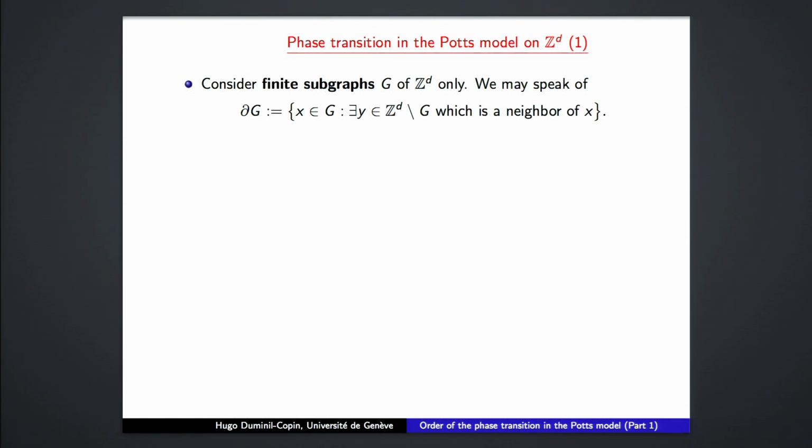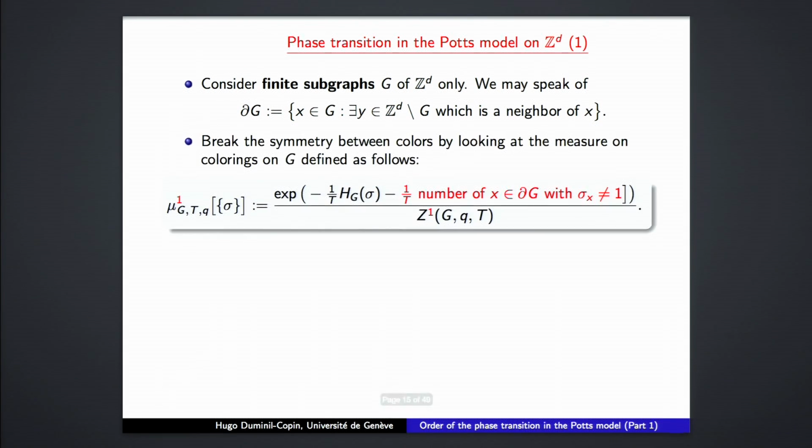So let's take a graph, take a subgraph of Z^d. And I want to break the symmetry because it's not going to be very convenient for us. So I want to break the symmetry between all the colors. So what I'm going to do is I'm going to favor color 1. And I do that as follows. This is the boundary of my graph. It's just the vertices in my graph that are neighbors of a vertex which is not in my graph.